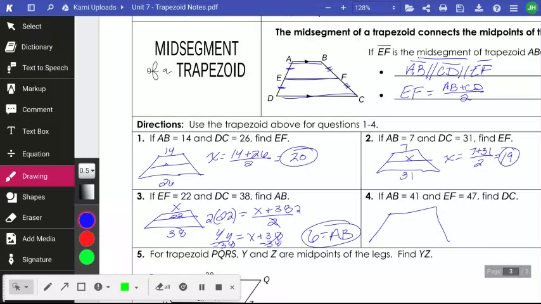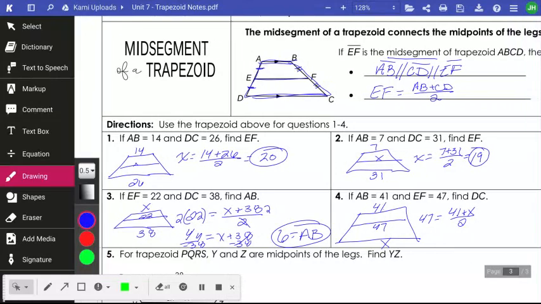If I have this trapezoid again, same one, AB is 41. EF, which is the middle, is 47. And I'm missing DC. I'm getting all this from the diagram up here, where those things go. I know that the mid-segment, which is 47 in this case, is the average of my bases, 41 plus X divided by 2.